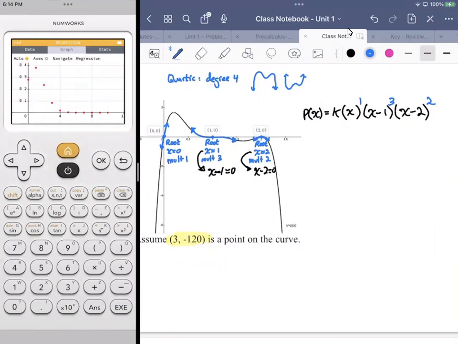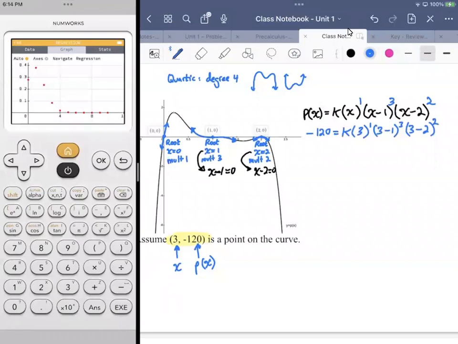So we have an x value here, and this is f of that x value, but I'm going to say p because it's a polynomial function. We put in negative 120 for p of x. K stays put. We have 3 to the first, 3 minus 1 to the third, and then 3 minus 2 to the second.